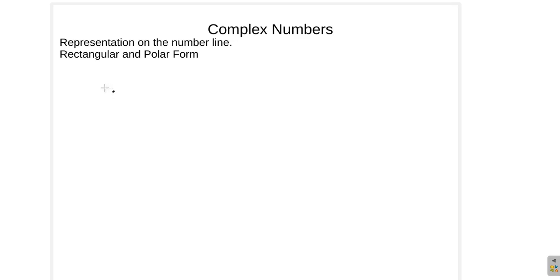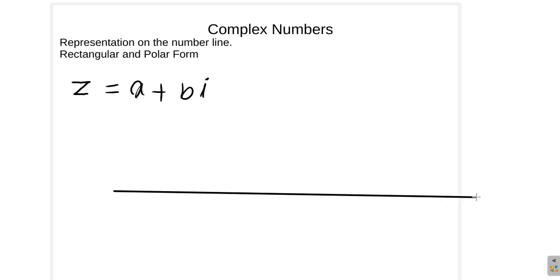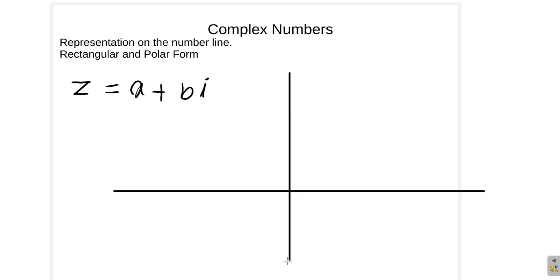Now, the thing is, we have a complex number represented by z. z is equal to a plus bi, where you have an x and y axis, but these are, in our case, the real and the imaginary axes.